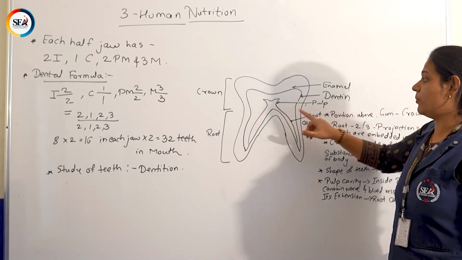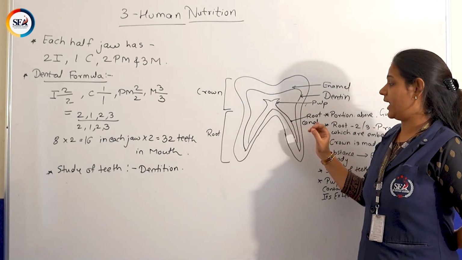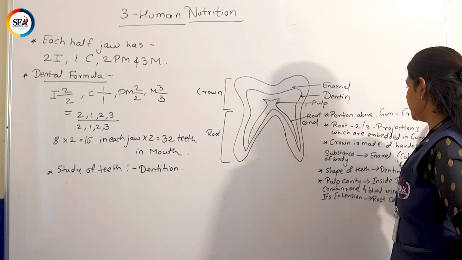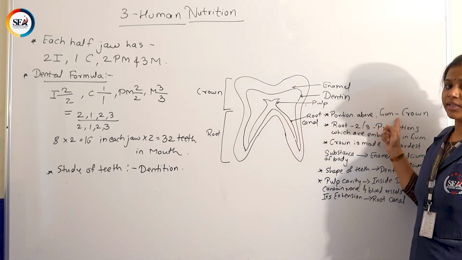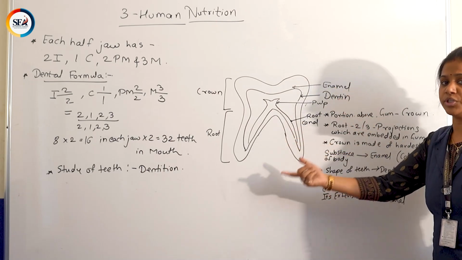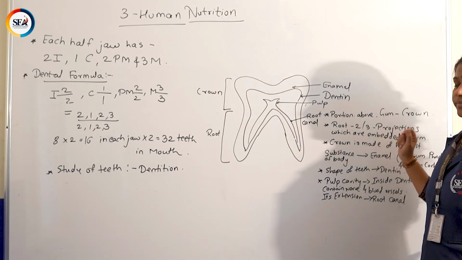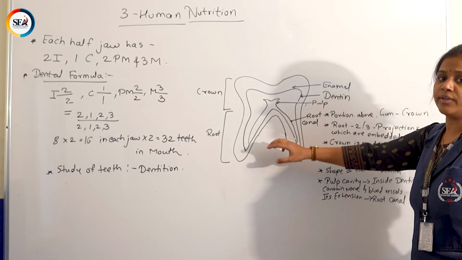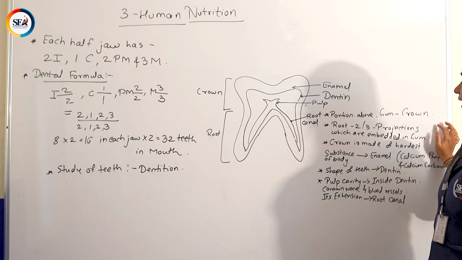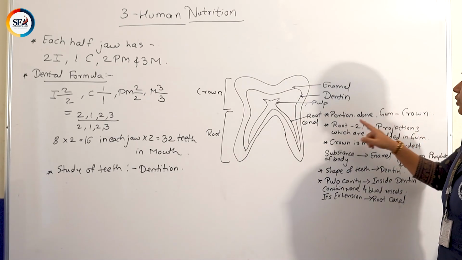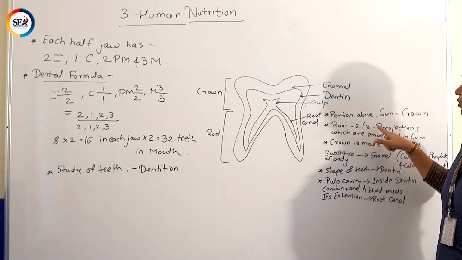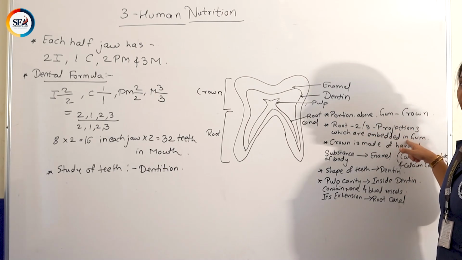The extension of the pulp is called the root canal. The portion above the gum is called the crown, and the portion below the gum, which has 2 to 3 projections embedded in the gum, is called the root.